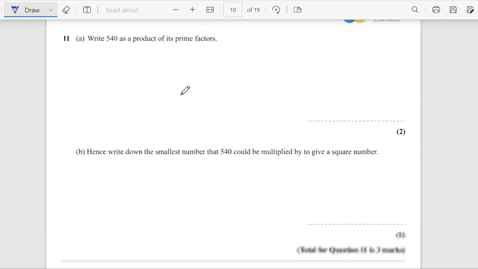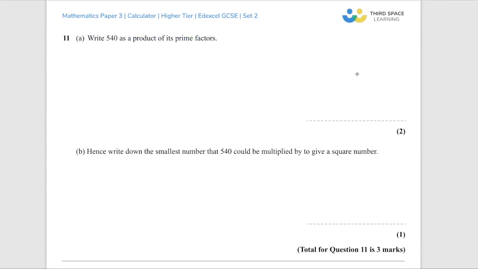Okay, question 11. Write 450 as a product of its prime factors. So I'm going to see how this goes. Nothing wrong with using a factor tree. I'm going to say it's 2 times 225, which is 2 times 135. Sorry, that's just taking off two factors nice and easily.